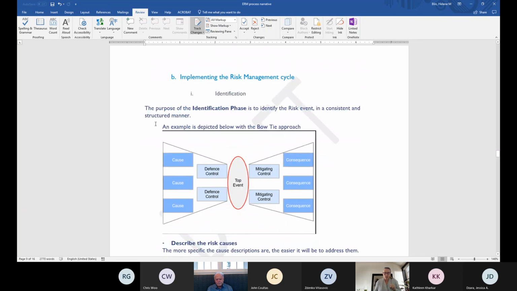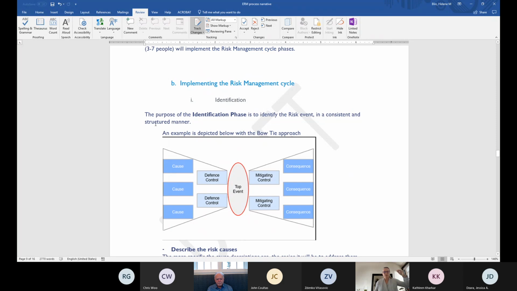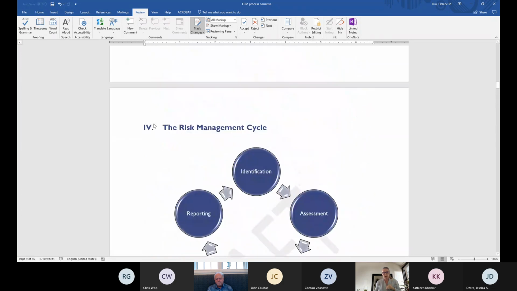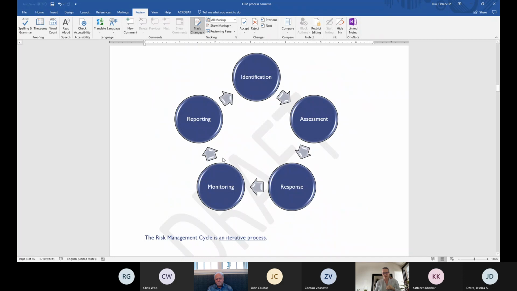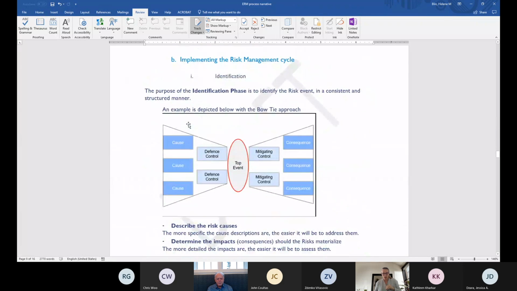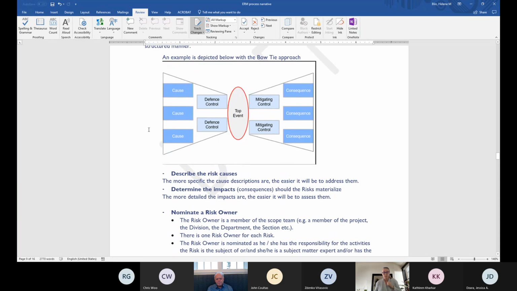Implementing the risk management cycles. Here I've gone phase by phase, going into the weeds of this. Here, identification, and I have put the bow tie, which is one of the approaches that helps have a structured approach to describing your risk, which is going to be very useful after that.